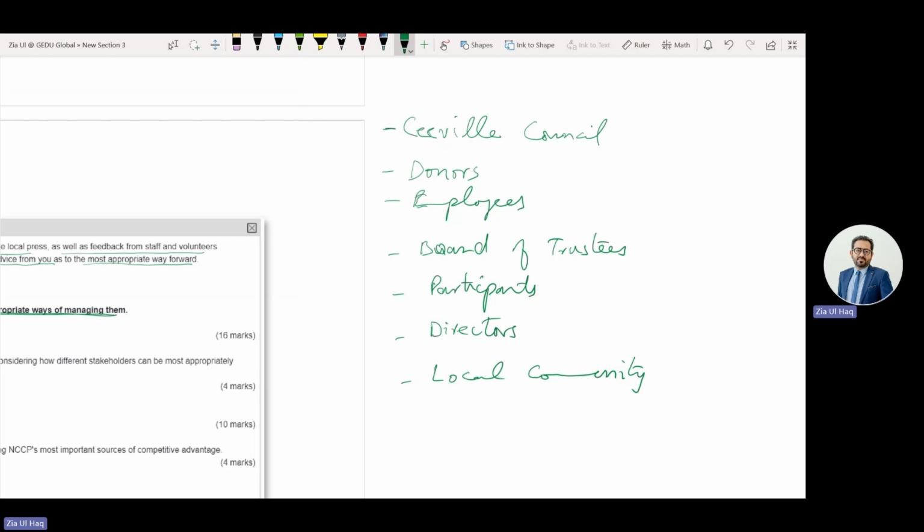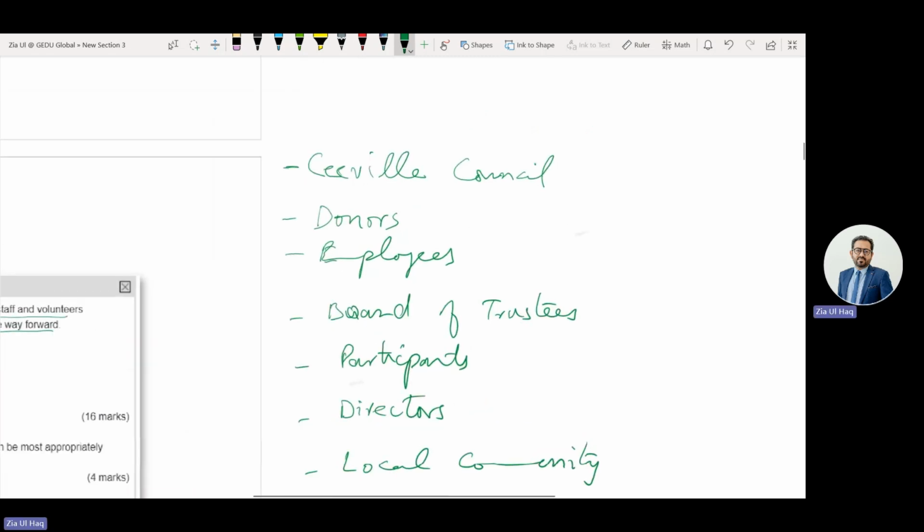Any other organization, any other body involved? Or we can put employees into 2 headings, paid employees and volunteers. Even we can put participants into 2 headings for different courses.